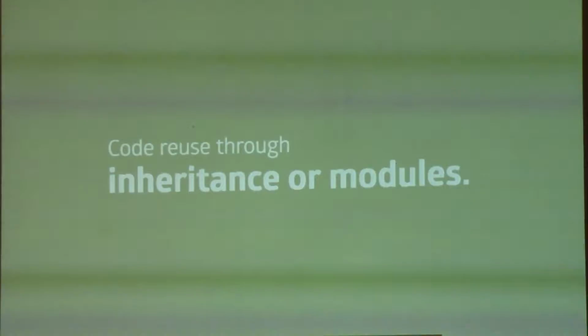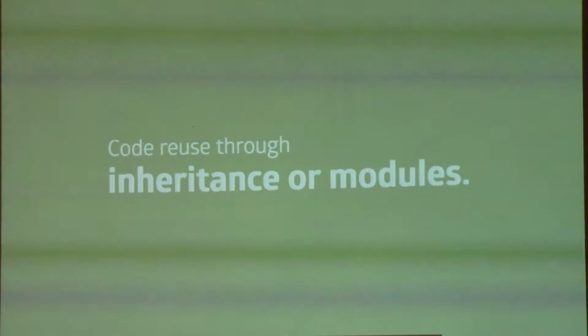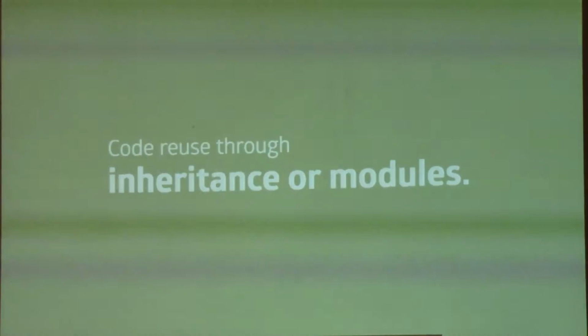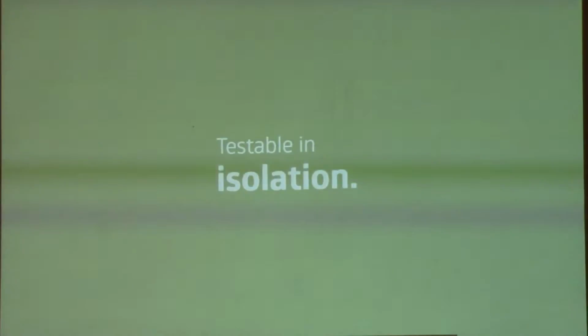I already mentioned you can make use of any object-oriented design principles to build these components. You can use inheritance, modules, and can structure your code as readable as possible. And you can test these view components in isolation.